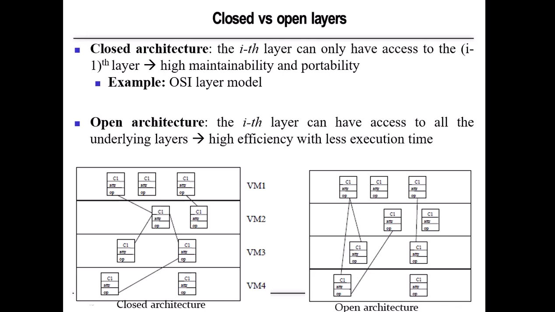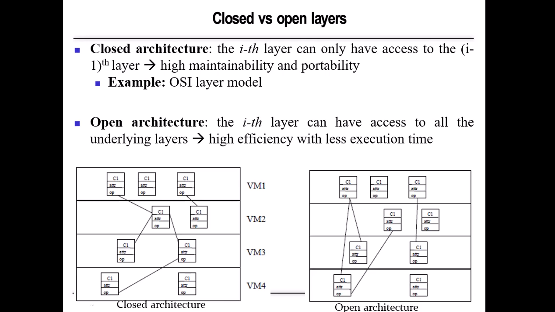The layer will access only the previous or below layer, and the advantage is high maintainability and portability, because there are fewer integration issues, so maintenance becomes easier. An example of closed architecture is OSI, Open Systems Interconnection, which is a networking model and which will be discussed in detail in this lecture, where one layer is connected to the next layer, not to all.